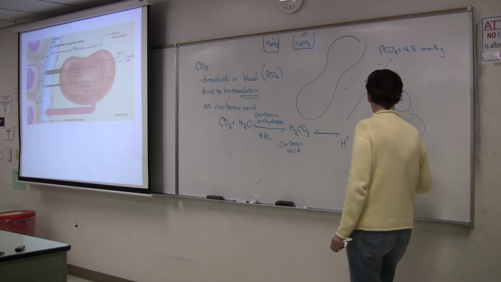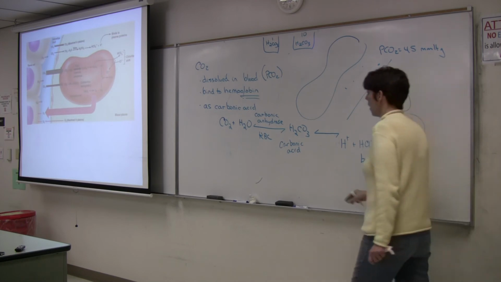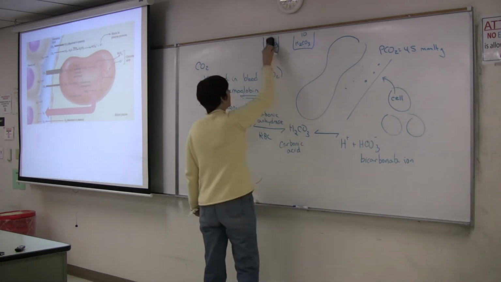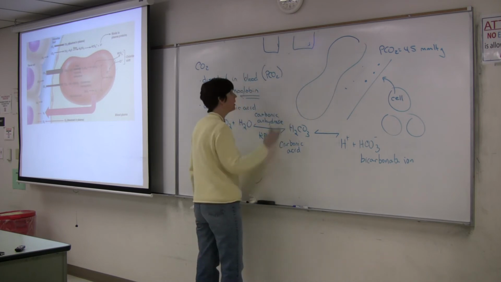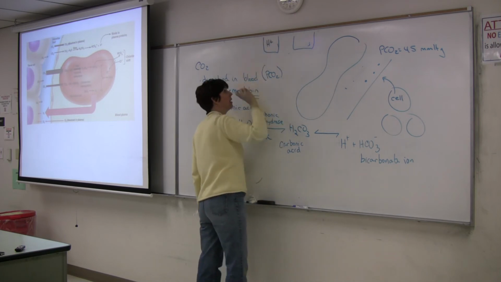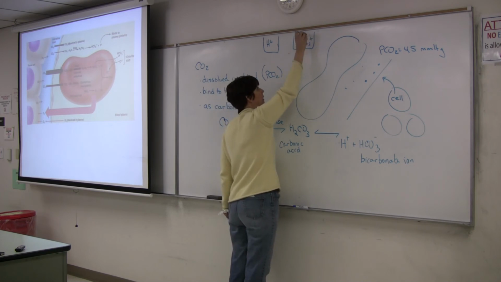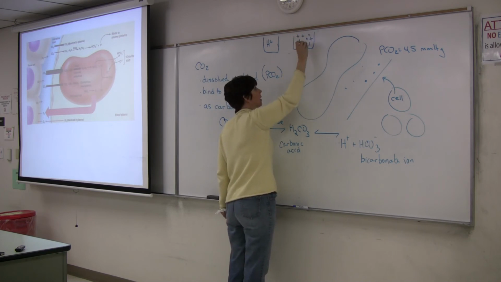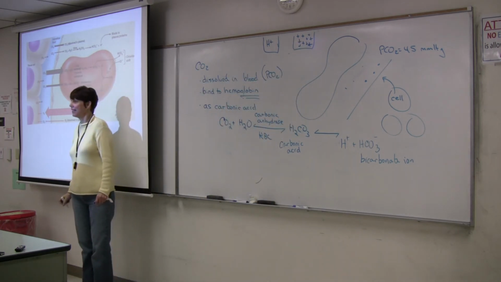Now, we have free hydrogen. So if I change this situation, and I have 1 free hydrogen, and I have 10 free hydrogens, then yes, that solution on the right would be more acidic.